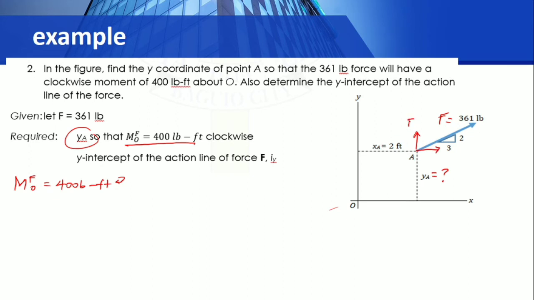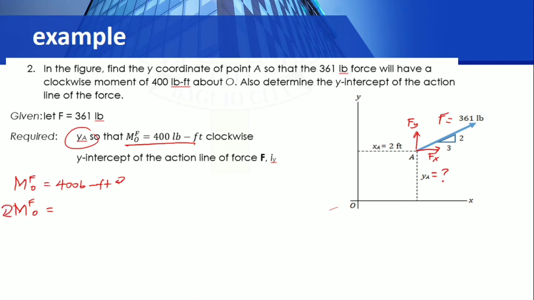So, this will be Fy and this will be Fx. So, yung moment at O natin is equal sa summation ng moment ng kanyang components doon sa O. So, clockwise positive dapat. So, this is clockwise.